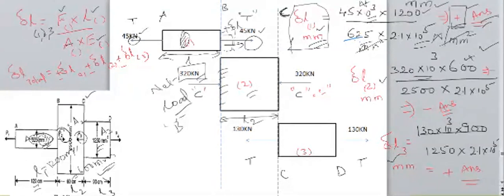And I need the area of the second portion. If you see here, he had given 2500 mm square. Here mm square represents the area.